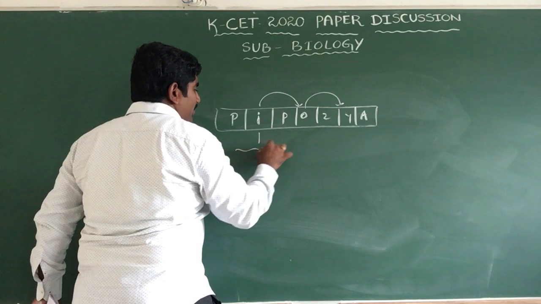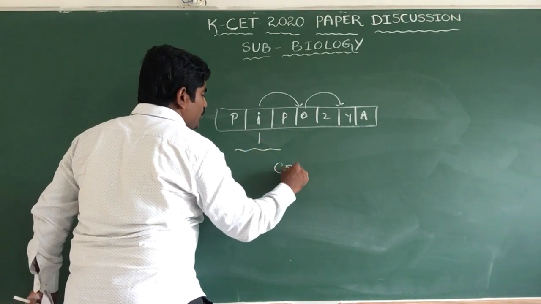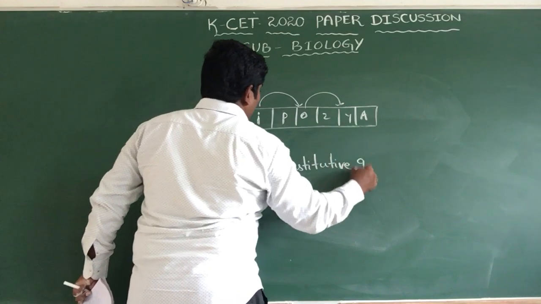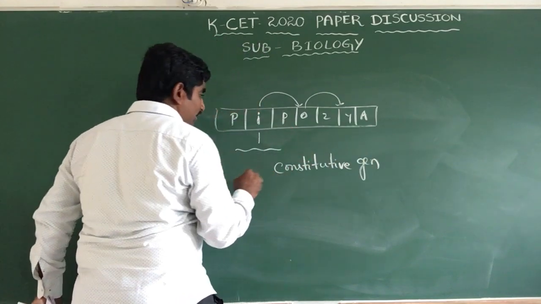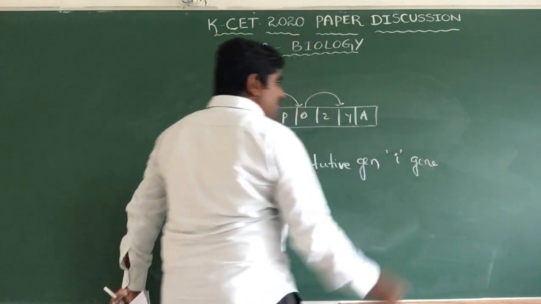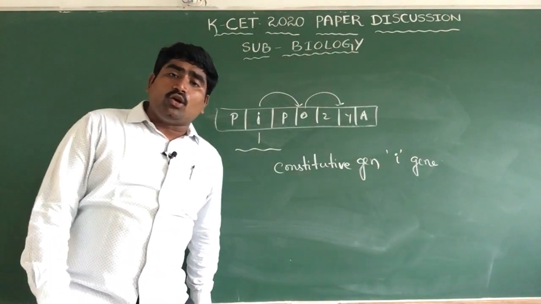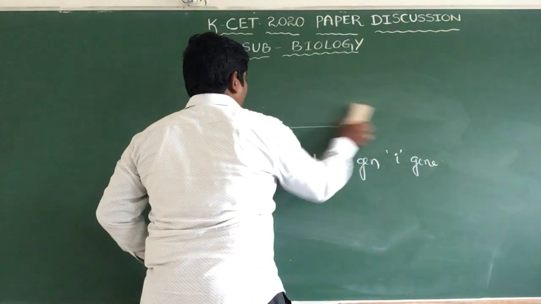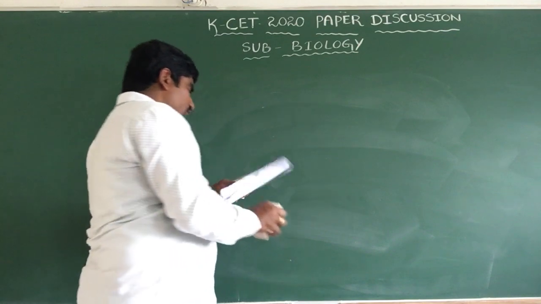The gene which cannot be controlled or regulated by any other is called a constitutive gene. Clear? The I gene is a constitutive gene here.